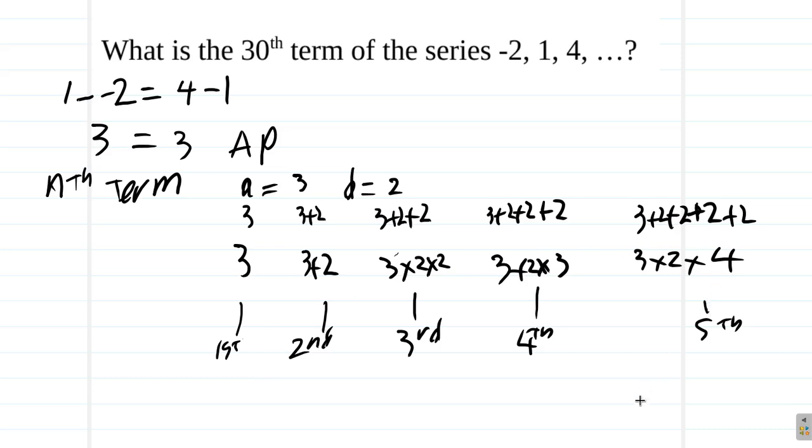The fifth term has the first term plus the difference times 1 less than 5, which would be times 4. So in this case, this would be n minus 1. The fourth term has the first term plus the difference, which is 2, times 1 less than 4, which would be 3, and so on and so forth.